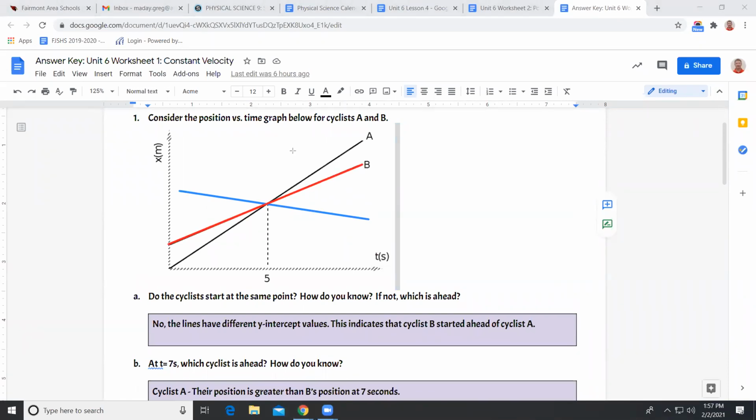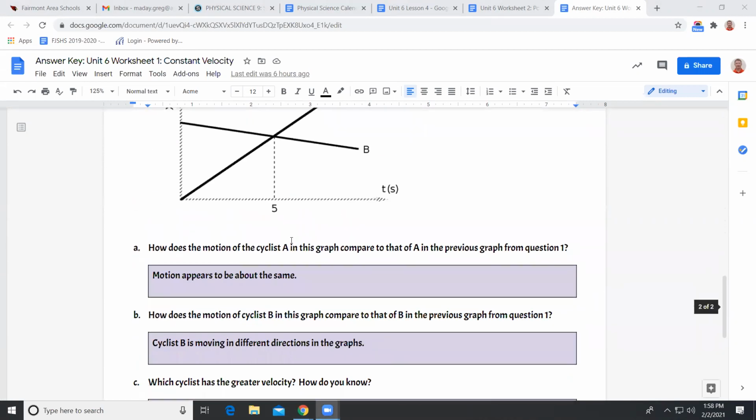One thing that we can see is that cyclist B from graph 1 has a positive slope, and cyclist B from graph 2 has a negative slope. So this tells us that they're moving in the opposite direction. Cyclist B from graph 2 will be traveling from right to left, and cyclist B from graph 1 will be traveling left to right. Since we have opposite slopes, they're moving in the opposite direction.